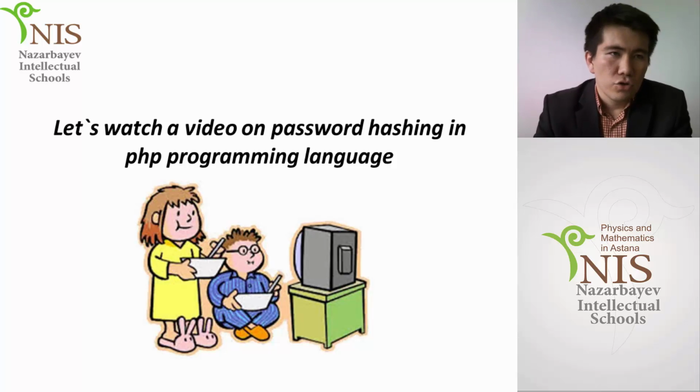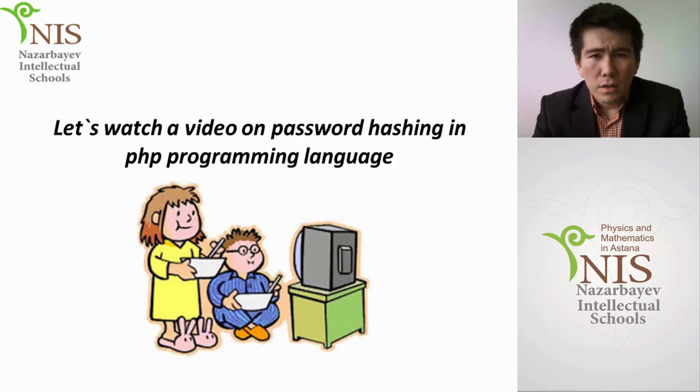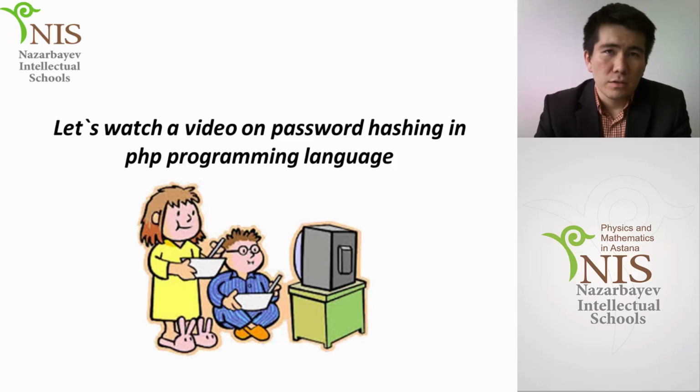So previously I told you that hashing helps us in different ways. It helps us to search data very fast in the database. Also, hashing helps us to make our passwords stronger. And now I would like to show you one video.